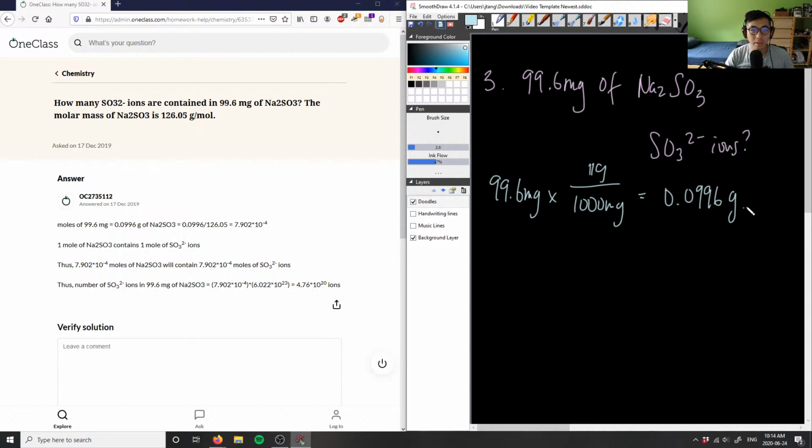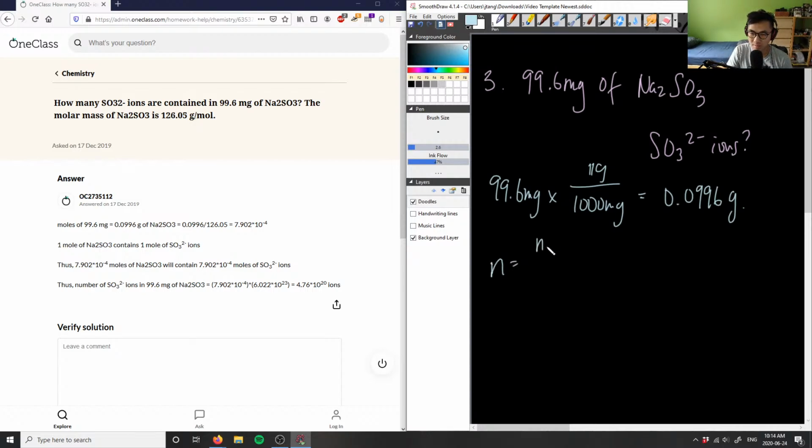And then once we convert it to grams, we can now convert this into moles, right? Because again, we want to find how many ions this is, so we want to convert from grams to moles, and then find the mole ratio, and then convert into ions using Avogadro's number. So we have our mass here, so we want to find our moles.